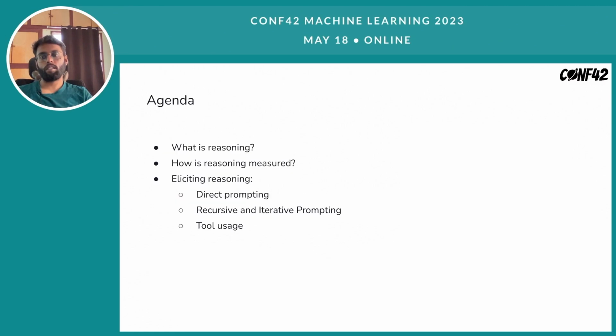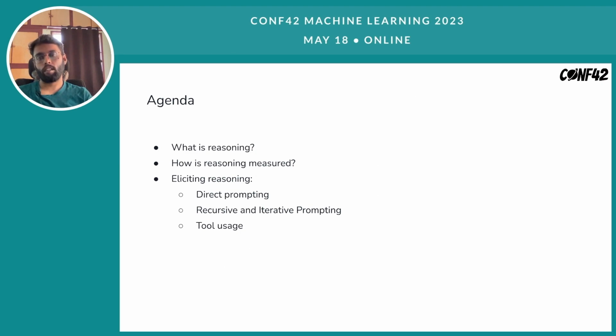The agenda for this session is we'll start with understanding what is reasoning and how reasoning is measured in the research literature, and in the bulk of the session we will be discussing how to elicit reasoning.